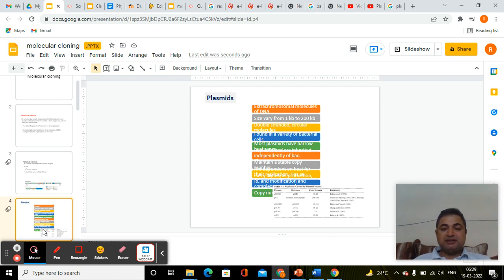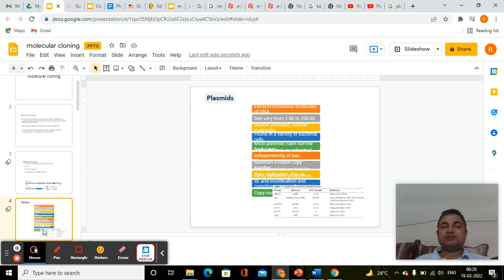Plasmids are nothing but extra-chromosomal molecules of DNA in bacteria, and their size varies from 1 kb to 200 kilobase pairs. They are double-stranded circular molecules. As I told you, they are bacterial features, so they are found in a variety of bacteria. And most plasmids have a narrow host range.